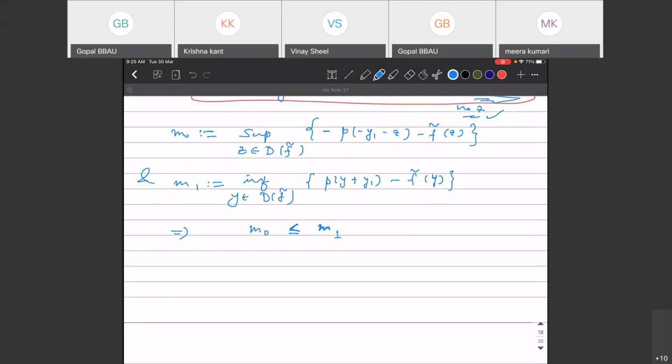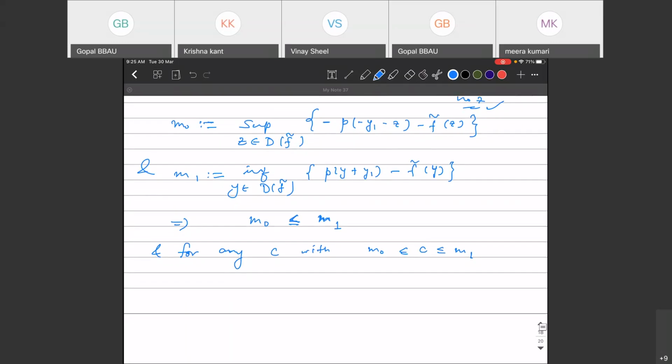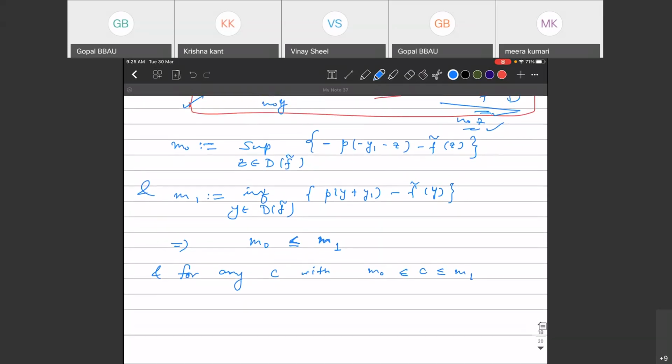So now for any number between m naught and m1, any c with m naught less than or equal to c less than or equal to m1, what we have by definition: m naught is less than or equal to c, and what is m naught?